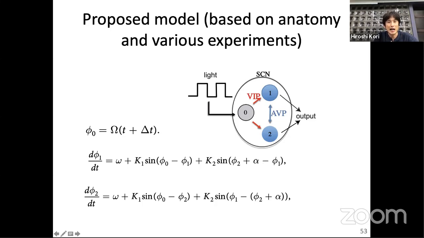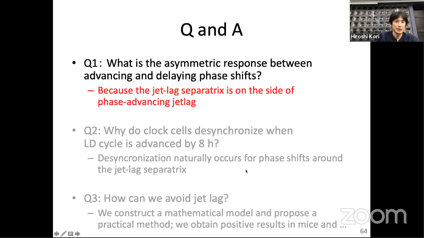I put the parameter alpha here. And the influence of light comes via this oscillator Zell and is expressed in this coupling function here. So oscillator 1 tries to synchronize to oscillator Zell in this function and tries to synchronize with oscillator 2 in this function, but with some phase shift alpha. Okay, so this is our model.